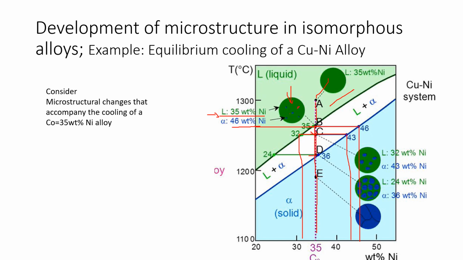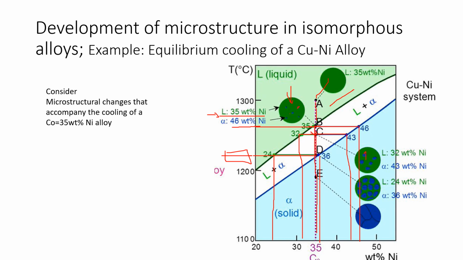The solidification process is still in process, but until the point D is reached, the temperature over here is 1220 degrees centigrade, and the composition, if we look at the composition, 24%, and we will get the 36% the other solution. So at this point, the solid alpha is approximately 35. The solidification process is virtually completed.